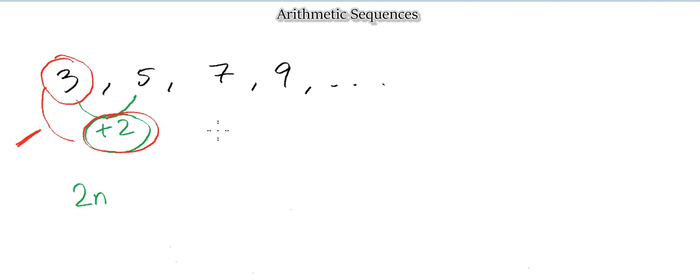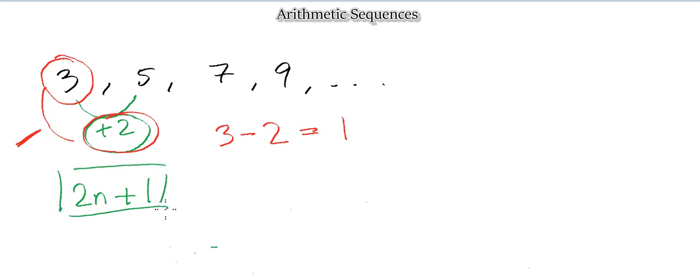So that will become 3 take away 2, which gives us positive 1. So my expression would be 2n plus 1. And that becomes the expression for this sequence.